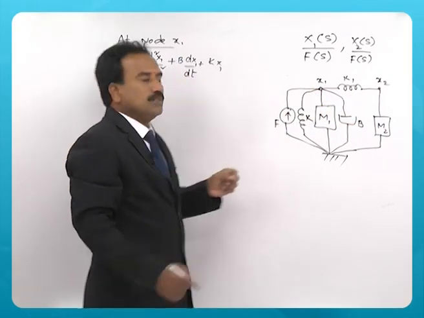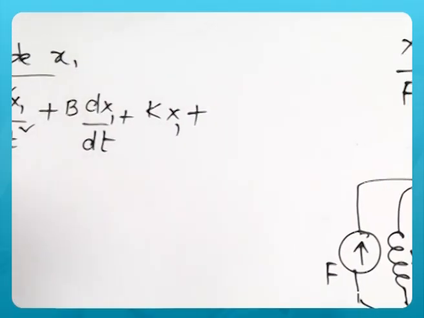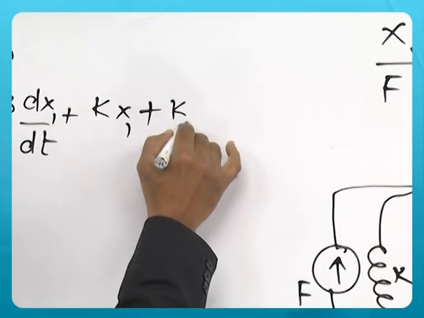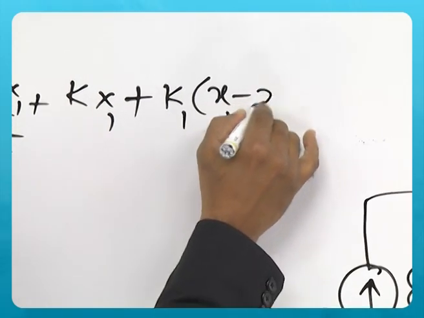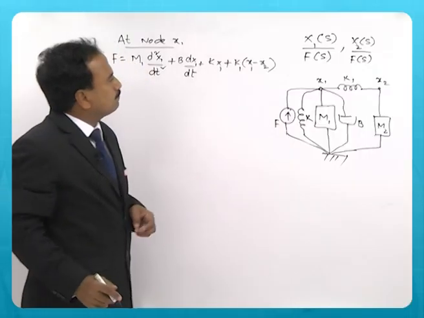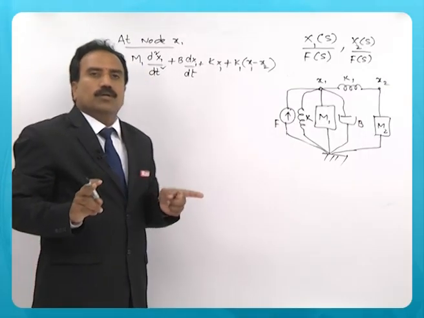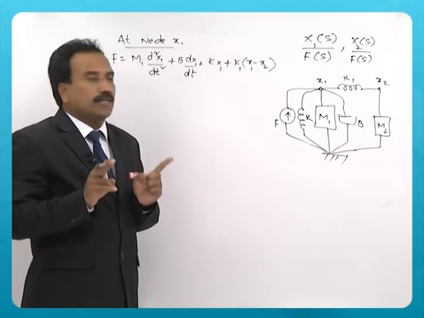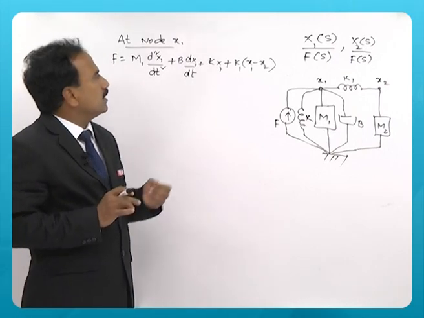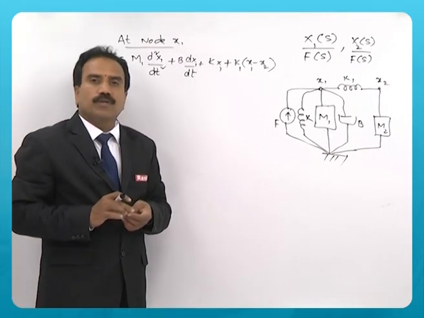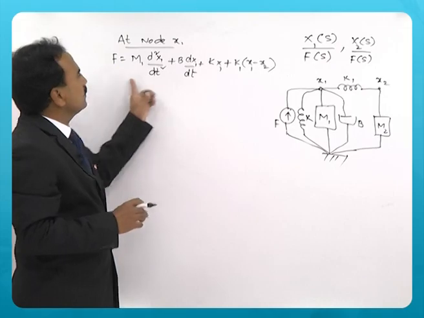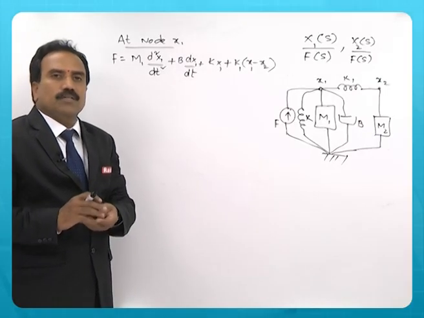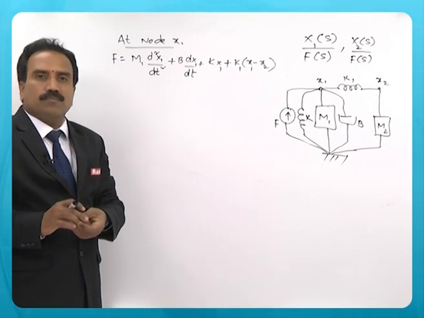So, what will be the reaction force due to K1? K1 into x1 minus x2, because the two terminals of K1 are associated with two different displacements. So, it is written as x1 minus x2. Now, once this equation is written according to Newton's second law of motion, you need to apply Laplace transform.